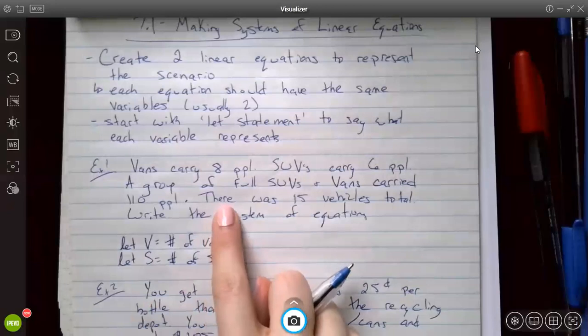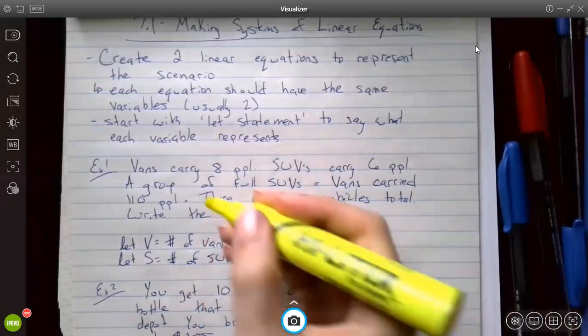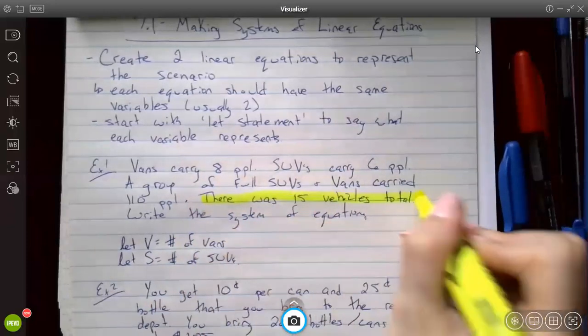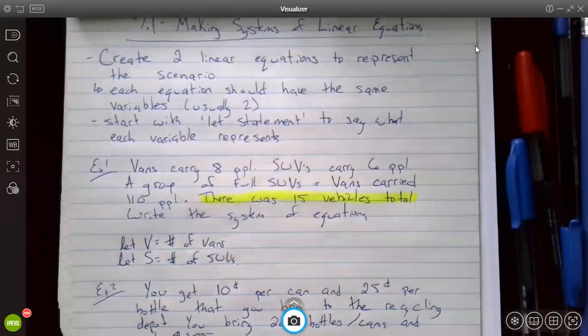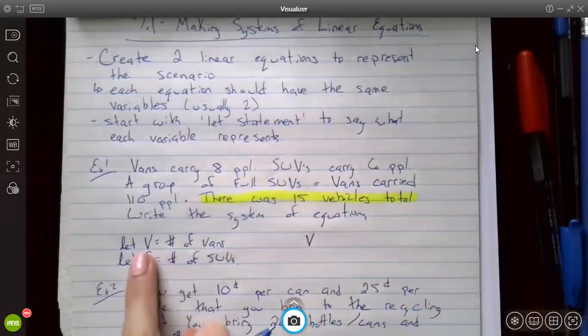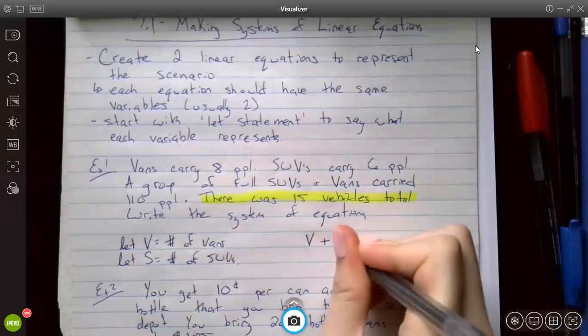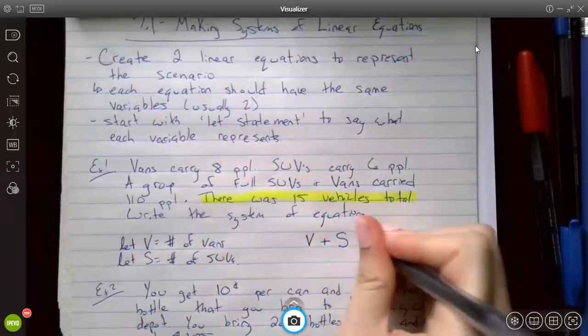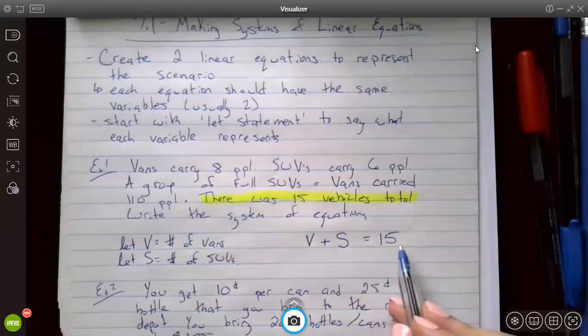The easiest part to write an equation for is this sentence right here: there were 15 vehicles total. That tells me that the number of vans, which I've said is V, and the number of SUVs must add to 15.